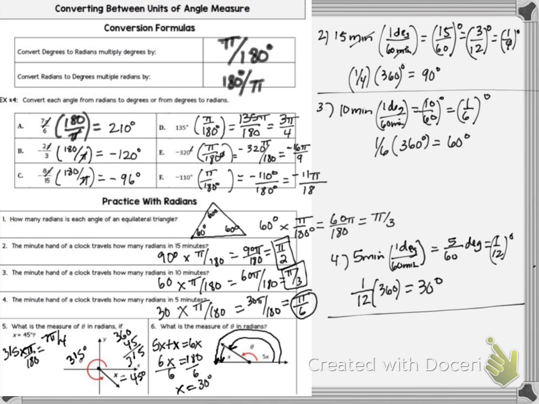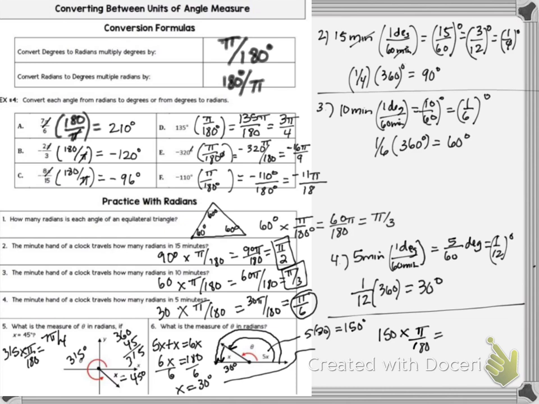And then I would need to convert. Well, the x would be 30. This would be 30 degrees, the smaller angle. And the bigger angle would be 5 times x, which is 5 times 30 degrees, and that's going to give me 150 degrees. All right. And then I would take 150 and multiply it by pi over 180 to get the radian measure.